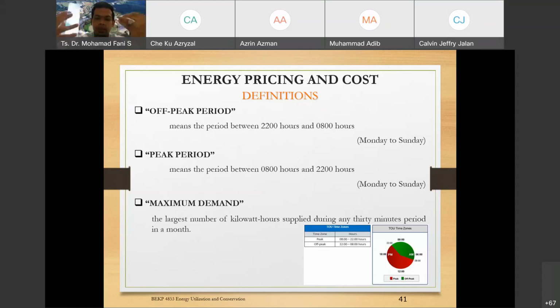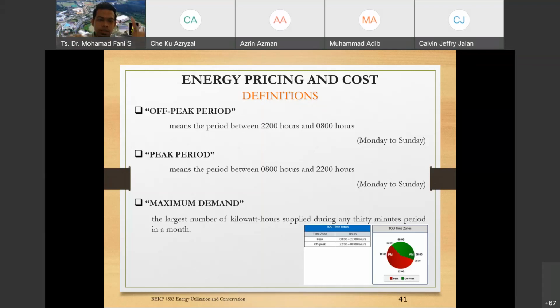So TNB offers different price rates for both periods, especially a lower price for the off-peak instead of the peak period. So this one is the definition for the time period: off-peak from 10 malam to 8 pagi, and the peak period from 8 a.m. in the morning to 10 p.m. at night.